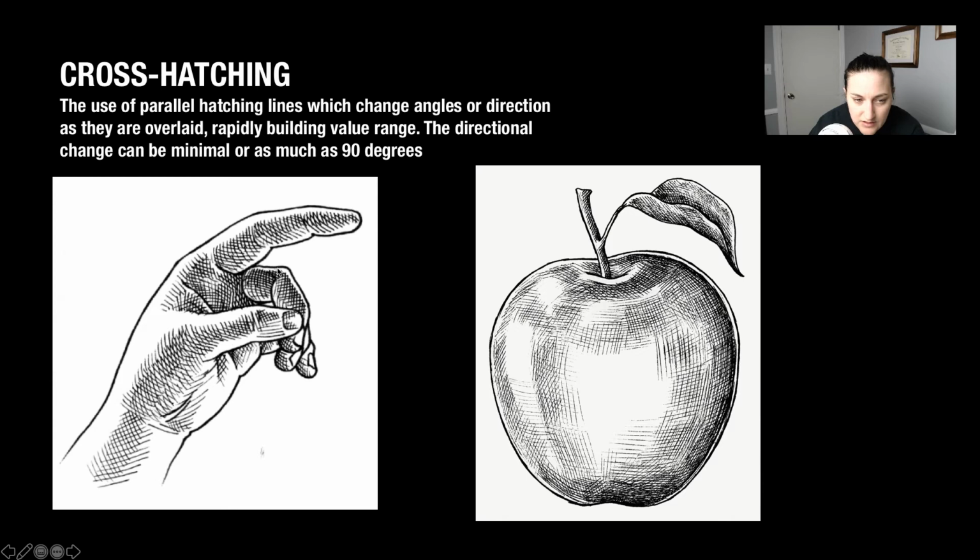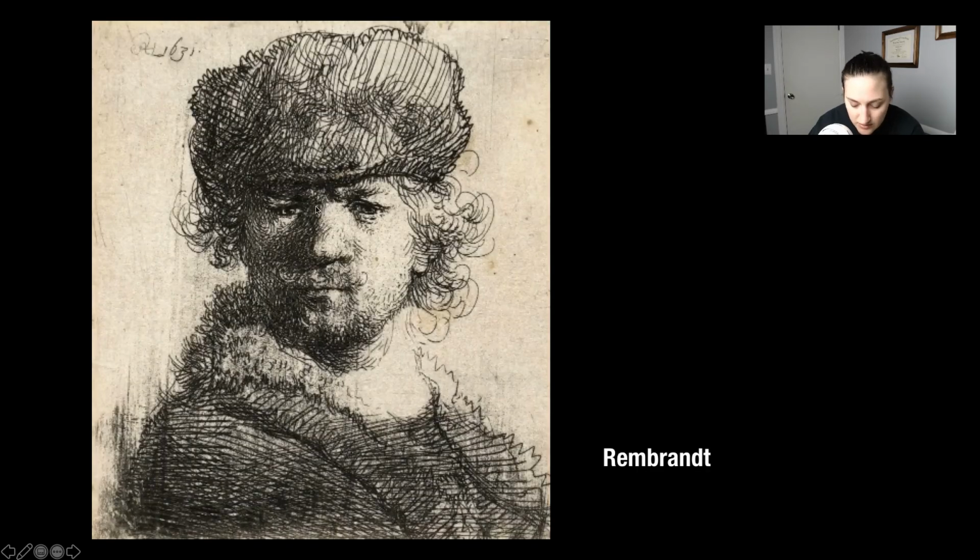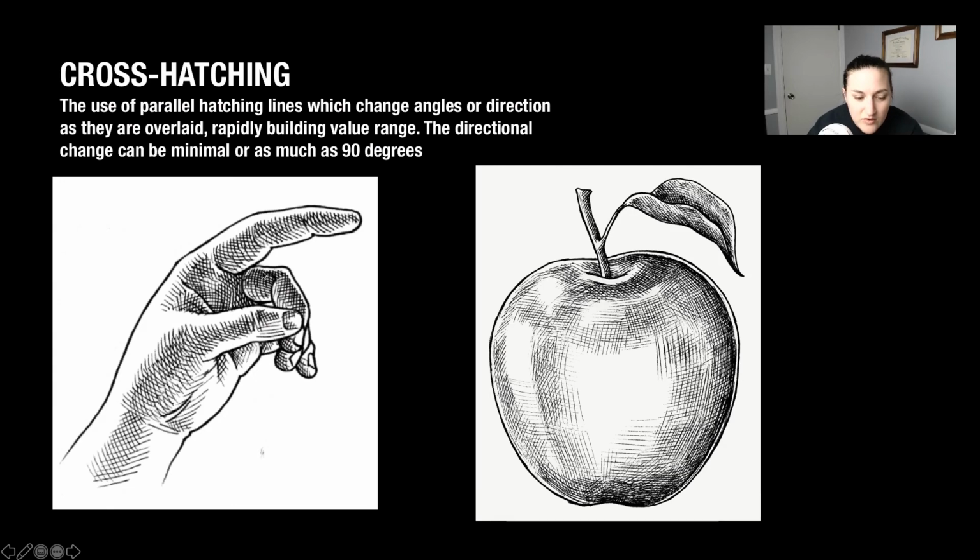See how we have this highlight going across the top of the finger here, and then we have a core shadow that starts very closely there with multiple dark lines of cross hatching on top. So again, use of parallel hatching lines which change angles or direction as they are overlaid, rapidly building value range. So these are overlaid uses of the parallel hatching.